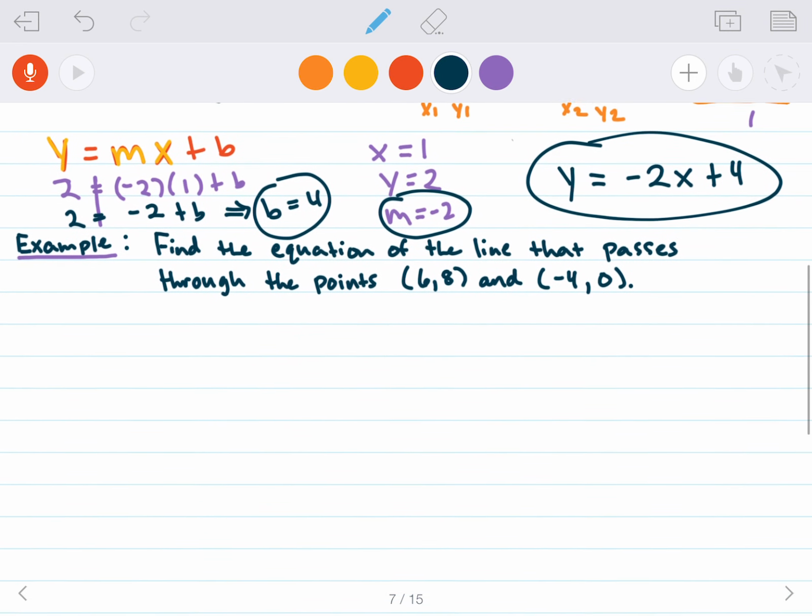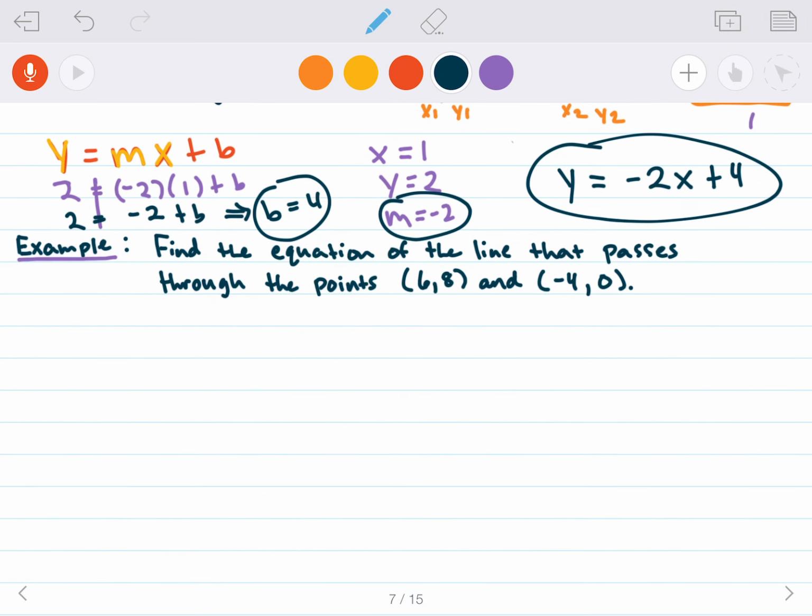Let's try another one. So first thing you want to do is find m, and then you want to find b. So m, we have y2 minus y1 over x2 minus x1. I'm just going to say the first point's x1, y1, and the second point is x2, y2.